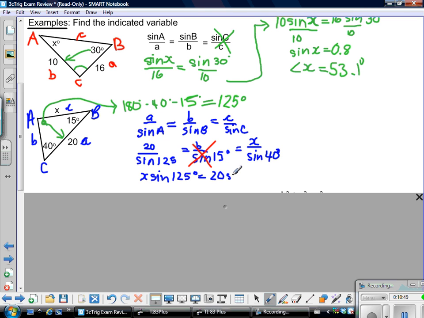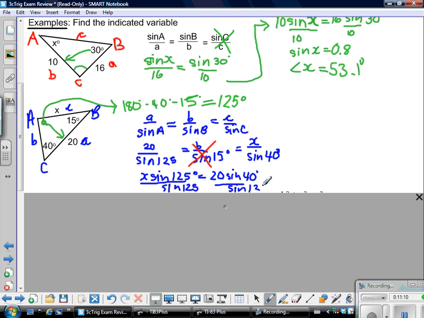Now again, I look to see why x is not by itself. It's not by itself because there's a sine 125. So I can divide both sides by sine of 125, and that should give it to me.